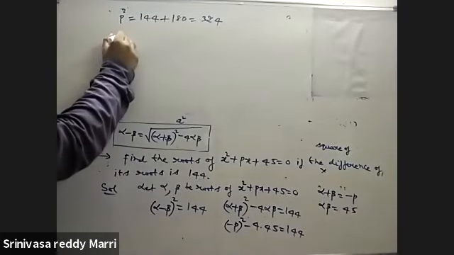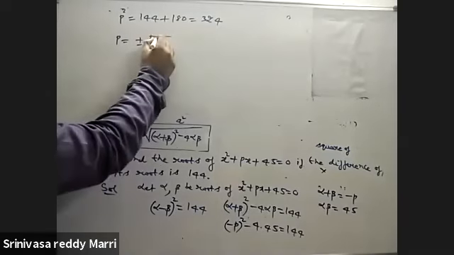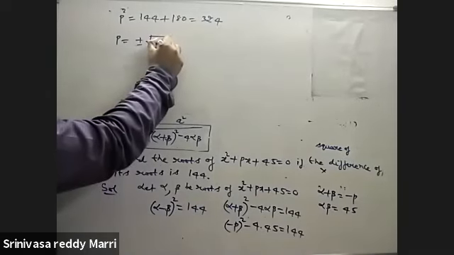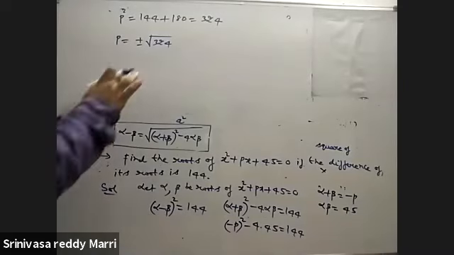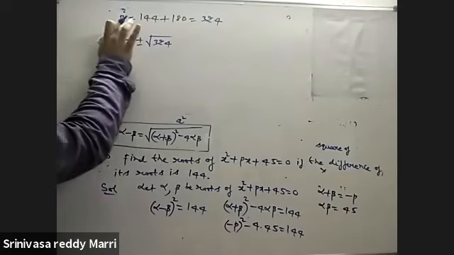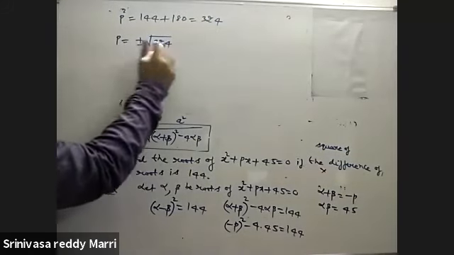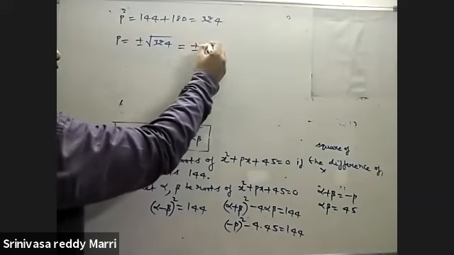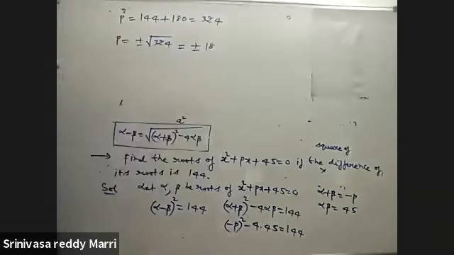So p is plus or minus root of 324. Whenever x square equals something, write x equals plus or minus. So p is plus or minus 18.